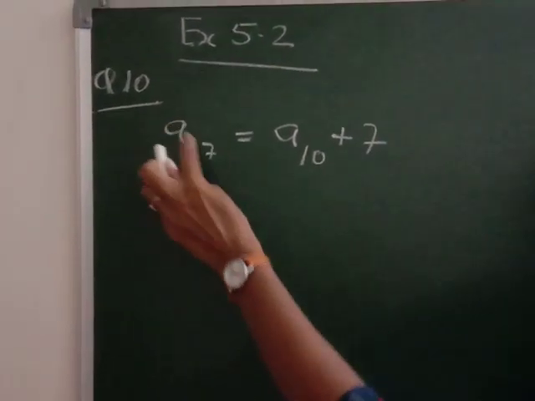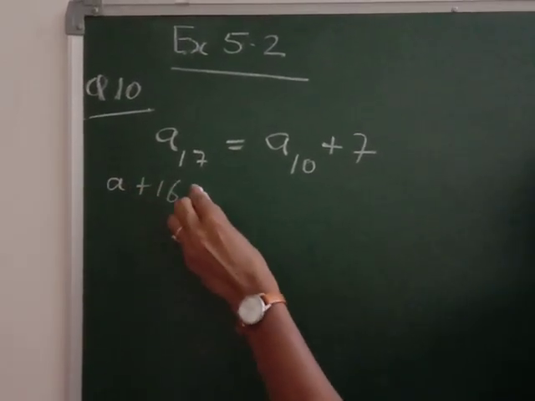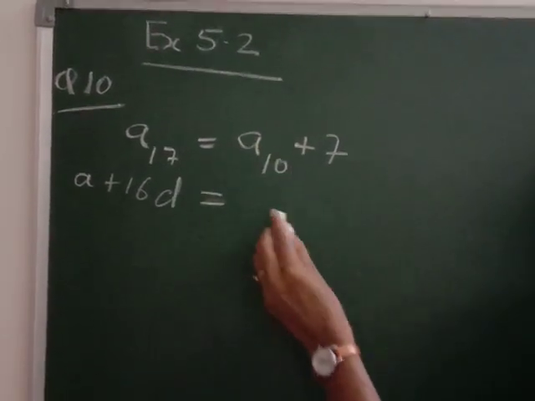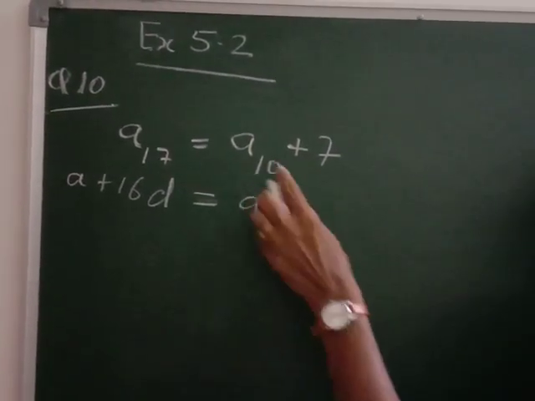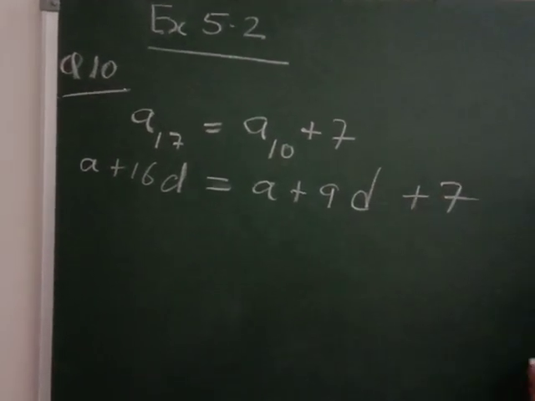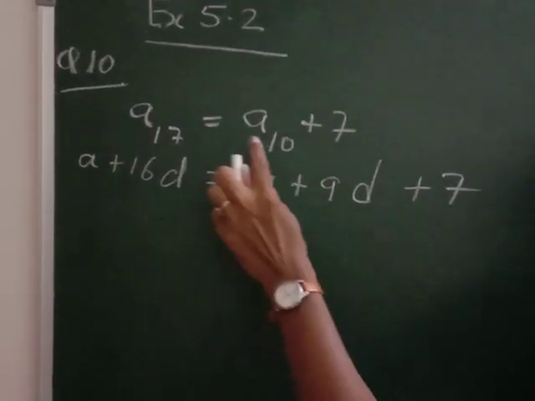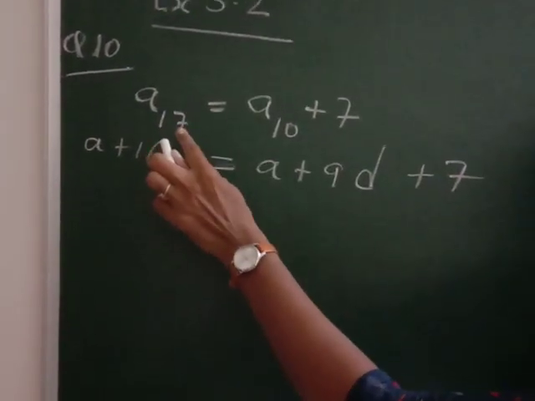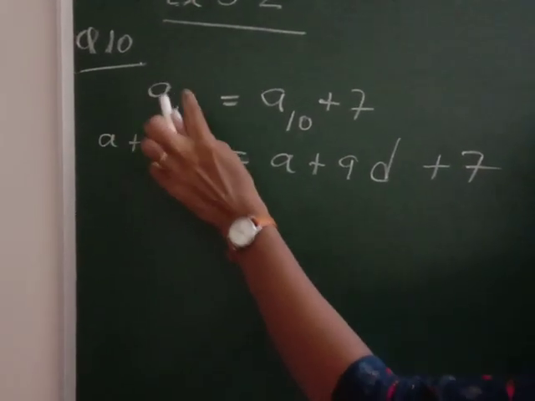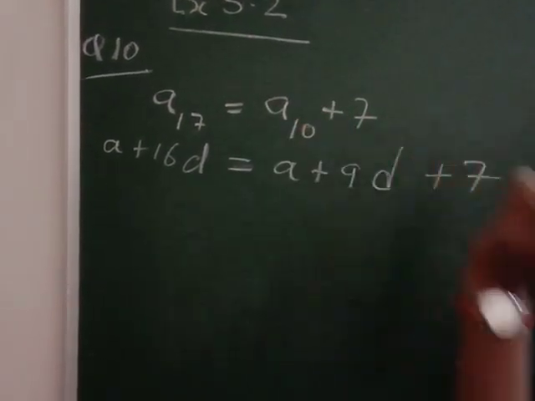Now A17, according to the formula, will be A plus 16D, is equal to A10 plus 7, so it will be A plus 9D plus 7. I think the concept is clear. From the question, we have to first form the equation. According to this, the 17th term, A17, is equal to the 10th term plus 7.